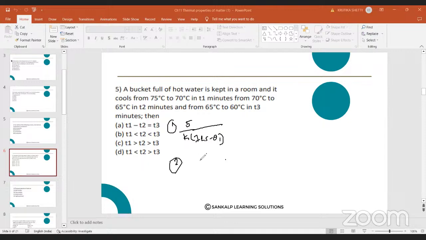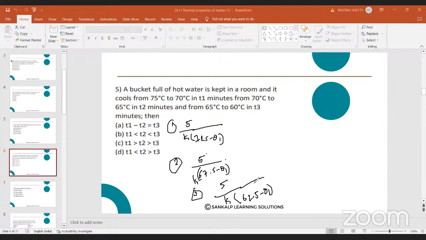In case 2, when you simplify, it is 5 divided by 67.5 minus theta 1 into K. In case 3, T3 is equal to 5 divided by K into bracket 62.5 minus theta 1. So look, 5 divided by K is common in all the 3 cases.